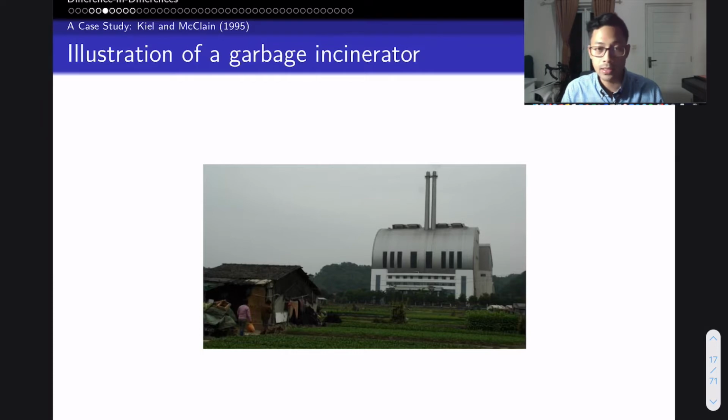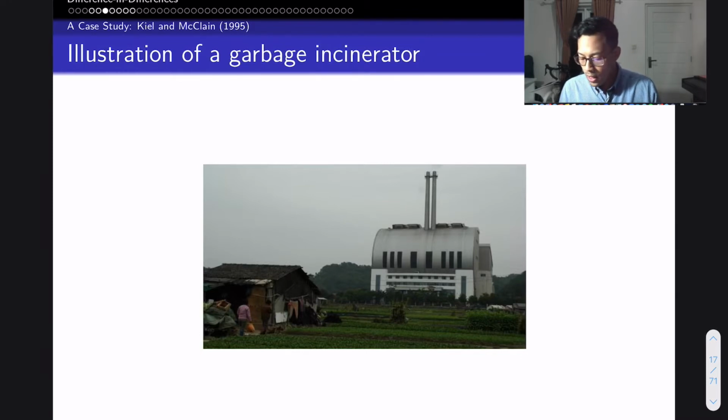And you can imagine that perhaps you don't want to live in an environment where the air pollution is quite high or quite severe. So in general, we can think that having a garbage incinerator within a perimeter of our house is going to decrease the value of that house.